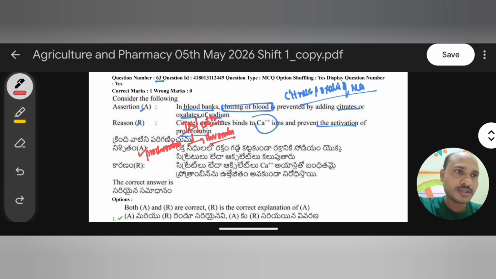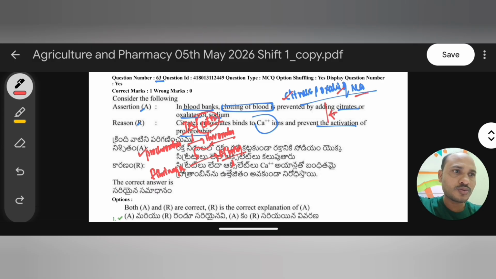And in general, this thrombin enzyme converts fibrinogen into fibrin, and this fibrin makes the clotting of blood. So calcium plays an important role. When in a blood bank the clotting of blood is prevented by citrate and oxalate of sodium, what do they do?